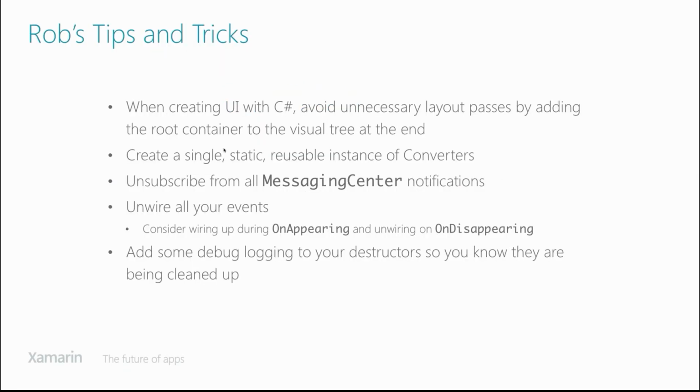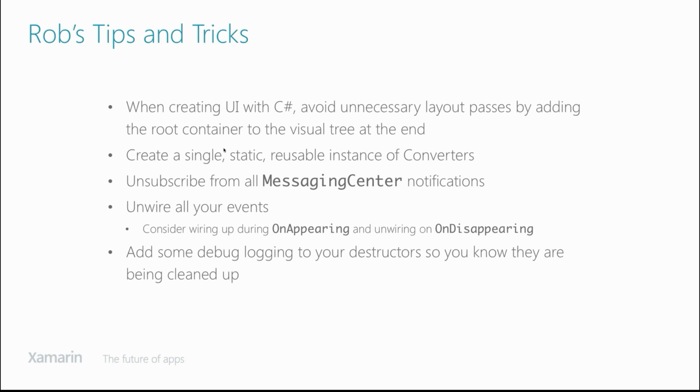A couple more quick tips. I know we're running short on time here. If you create your UI in C#, a lot of developers do, don't add your root container. Let's say you're adding seven layers deep. I have a stack layout, then I'm adding something to that, then I'm adding some things inside of that, and so on. Don't add that root stack layout to the visual tree until you're done populating all of its children.